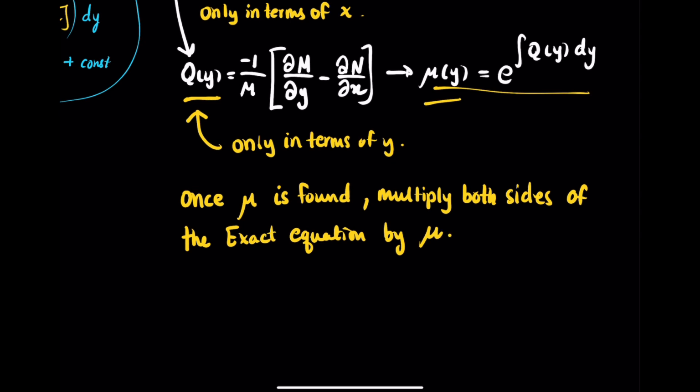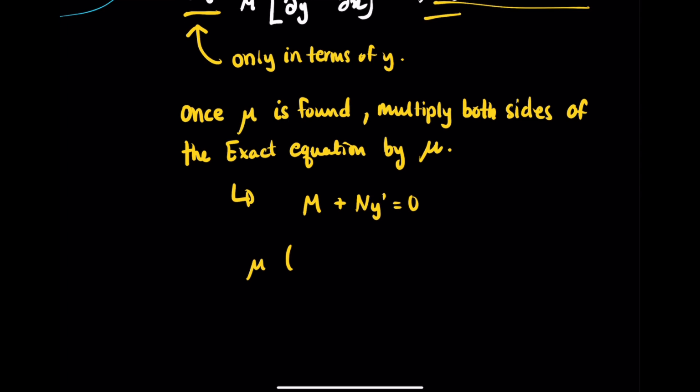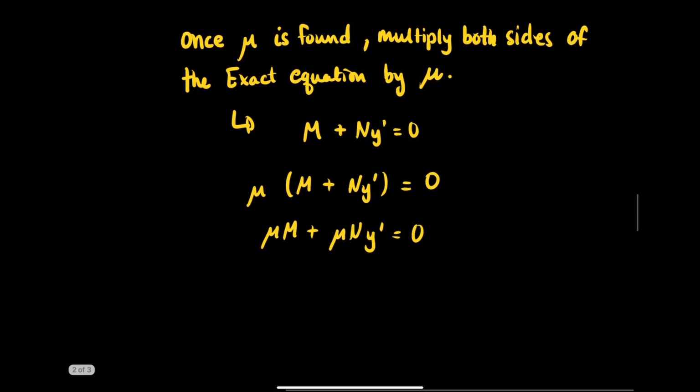So we have M plus N y prime equals 0, right? Then what we do is we multiply both sides by mu, and we just multiply mu with a 0, so that's also 0. And so then what happens is mu M plus mu N y prime equals 0. So then as you can see, this is your new M, okay?